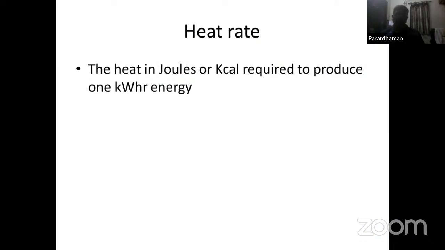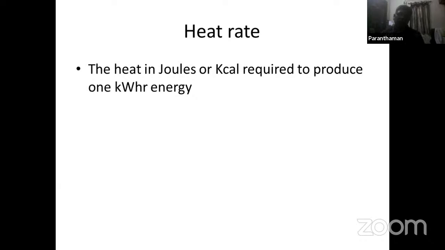To start with, the first terminology is heat rate. For a power plant, the heat rate is defined as the heat in joules or kilocalories required to produce 1 kilowatt-hour energy. This is the heat available in the coal. So how many kilograms of coal we are using, the heat contained in the coal. For example, generating 1 unit of electricity, we require more than 700 to 750 kilograms of coal.